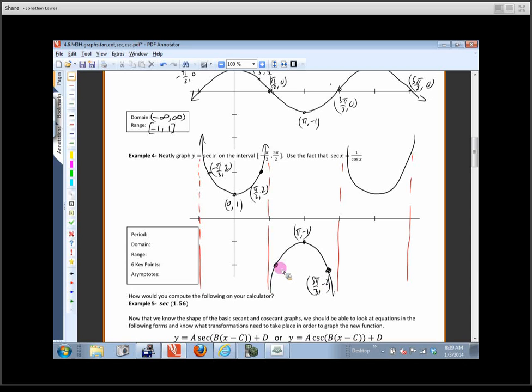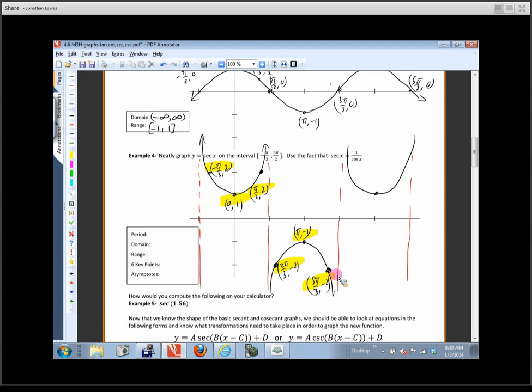And if I subtract pi thirds from pi, that's going to give me 2 pi thirds, -2. And then it just goes on and repeats and repeats. Okay? So there are the 6 key points that we'd want to be aware of.